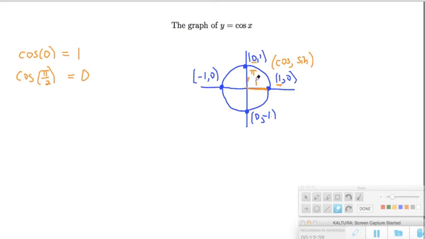Now, what we can do is we can look at the cosine of the angle pi, which is the half rotation of the unit circle. So if we're at pi, the cosine is equal to -1. If you actually rotate down to 3 pi over 2, then the cosine is going to be 0 again.